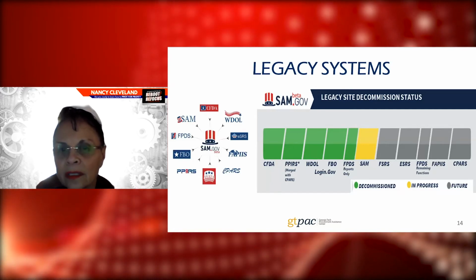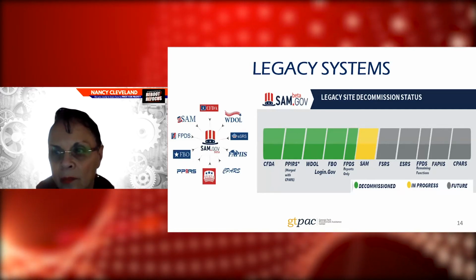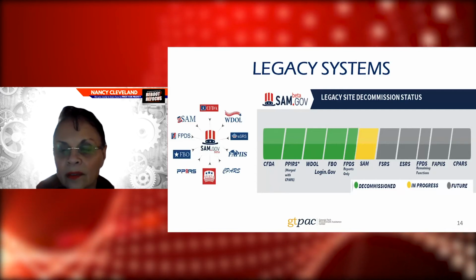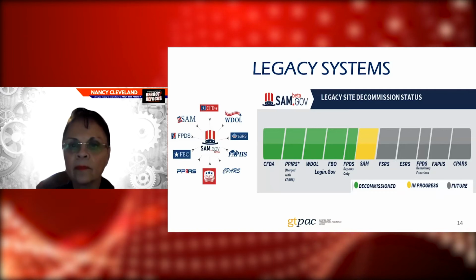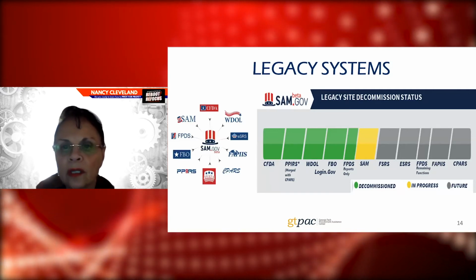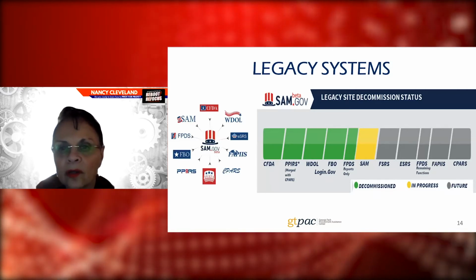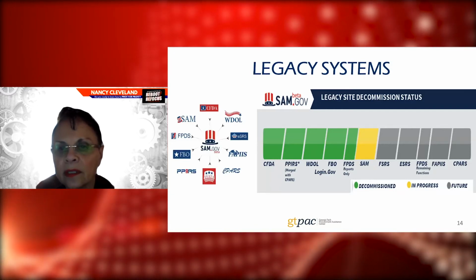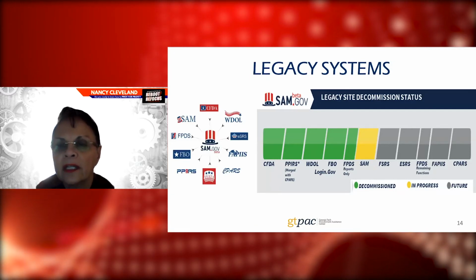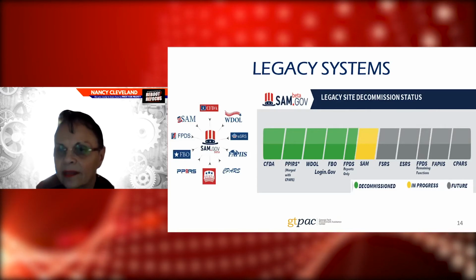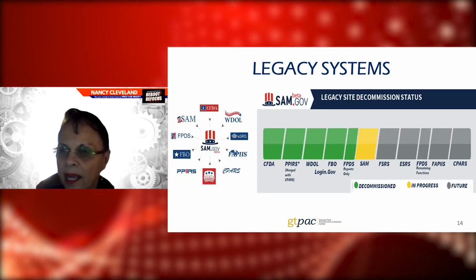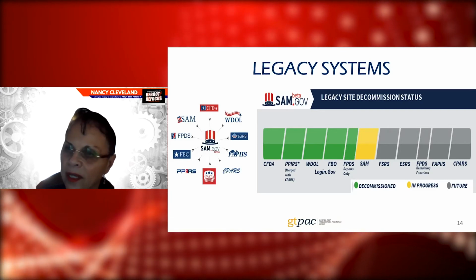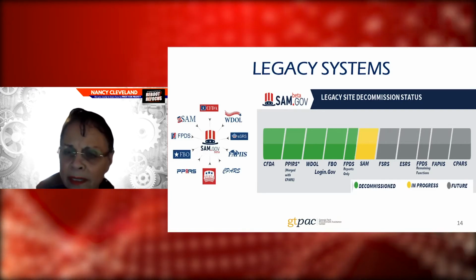So you won't apply through DUNS, okay? It'll be converted. So that's one of the reasons why it's taking a little bit longer for SAM to be decommissioned. The ones in gray are future legacy conversions, and they're looking out to maybe 2024 when all this is completed.